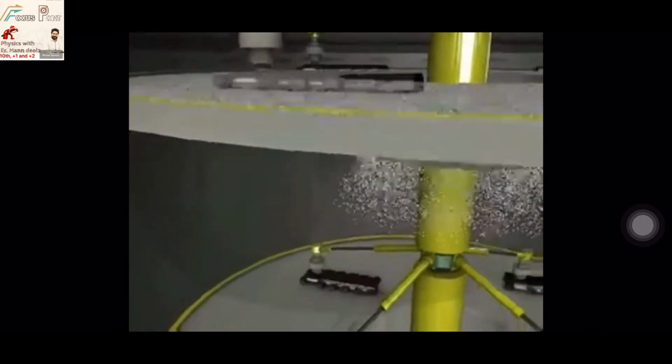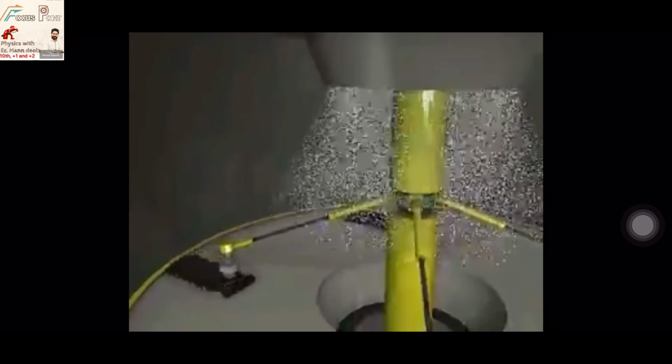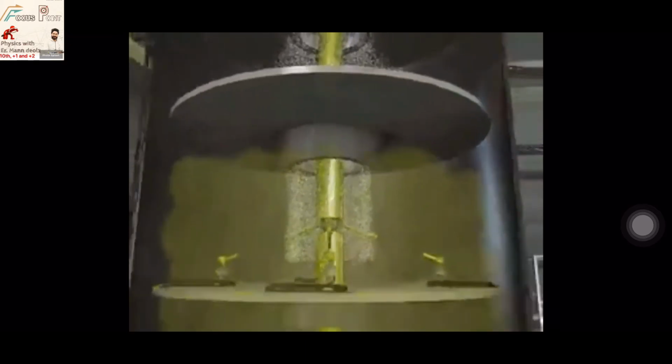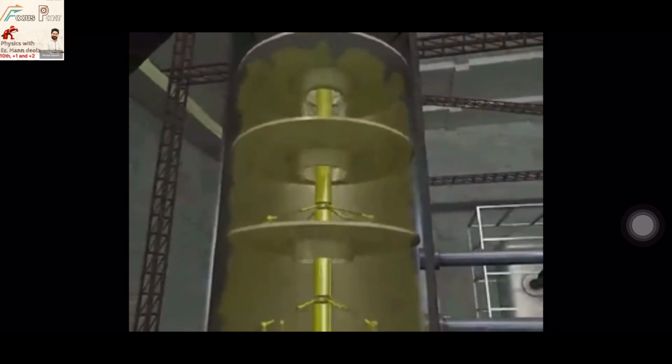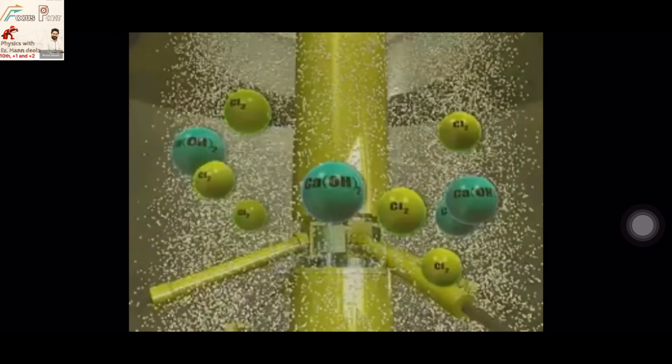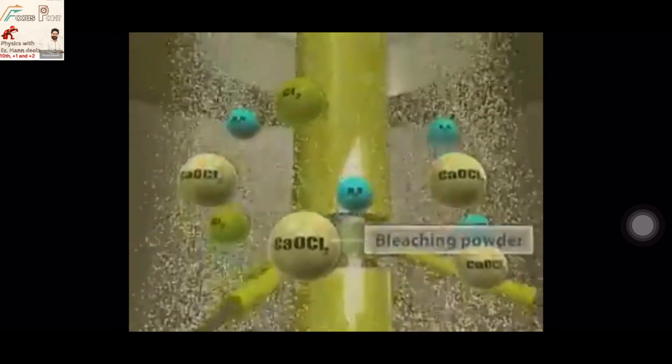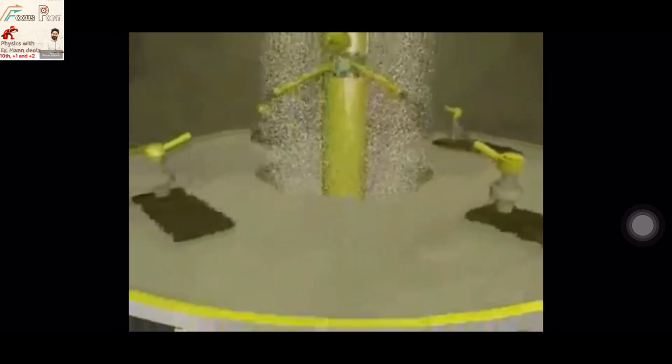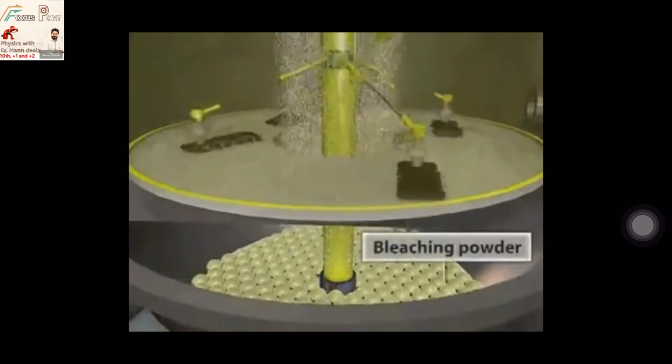As the shelves inside the plant rotate, the dry slaked lime comes into contact with chlorine gas, which is moving from bottom to top. The dry slaked lime, which is chemically calcium hydroxide, then chemically reacts with chlorine gas and forms bleaching powder and water. The bleaching powder is then collected in the barrel placed at the base of the tower.